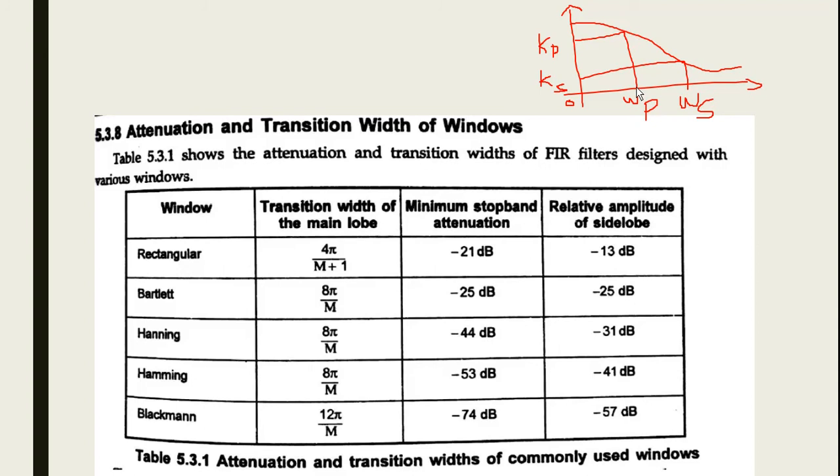So it needs some time from passband to stop band. That particular region we call it as transition region, and that particular width is this one. After that it will attenuate everything. Whatever may be the frequency, beyond this it will attenuate. So hope you understood the transition width here.